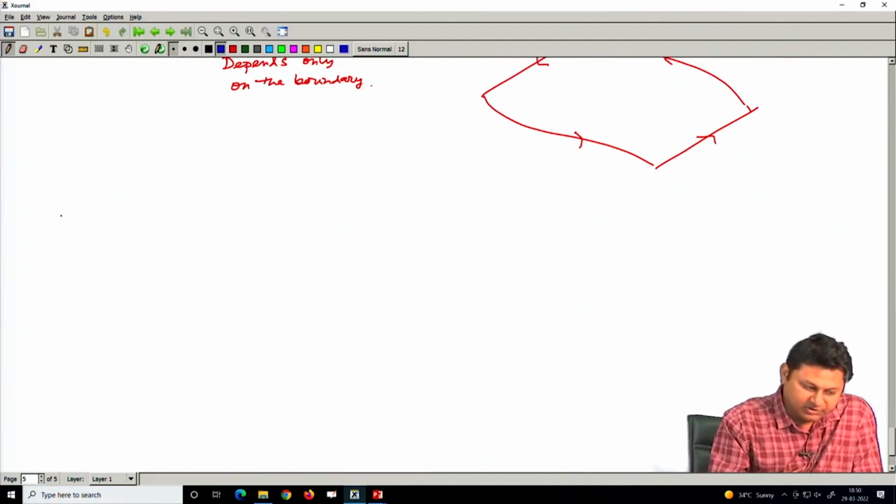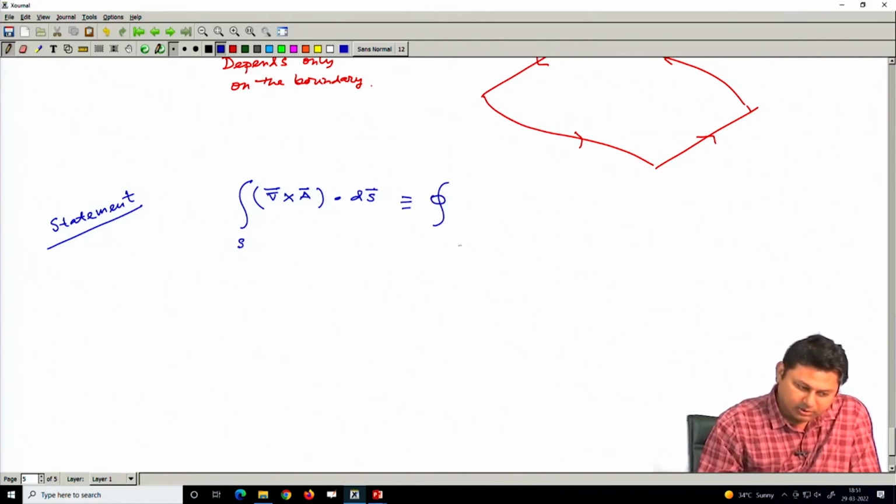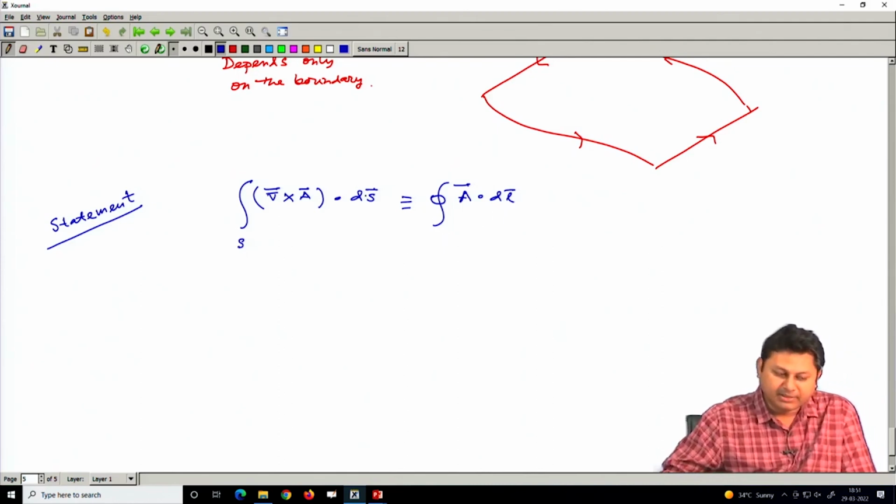So, the statement of the Stokes theorem, once again let me write that: the surface integral of curl of A over a surface is equivalent to the closed line integral of A dot dl, where the line is encircling the entire surface.